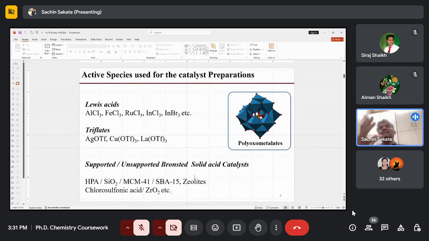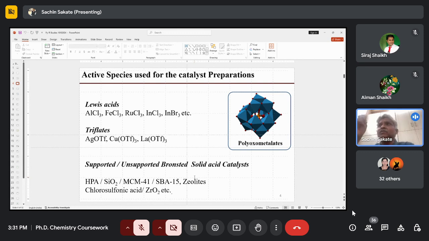So these Bronsted acids are very important, and they have a very huge molecular mass.